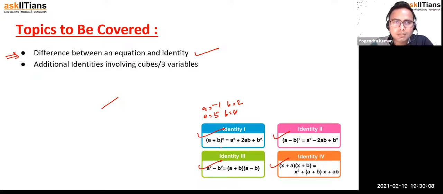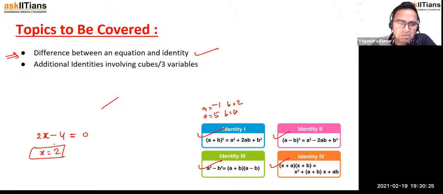But this doesn't apply for an equation. An equation has particular solutions only, right? If I write a simple equation, 2x minus 4 equals 0, this is an equation. So here x equals 2 will be our solution, right? There is no other value which can satisfy this equation.